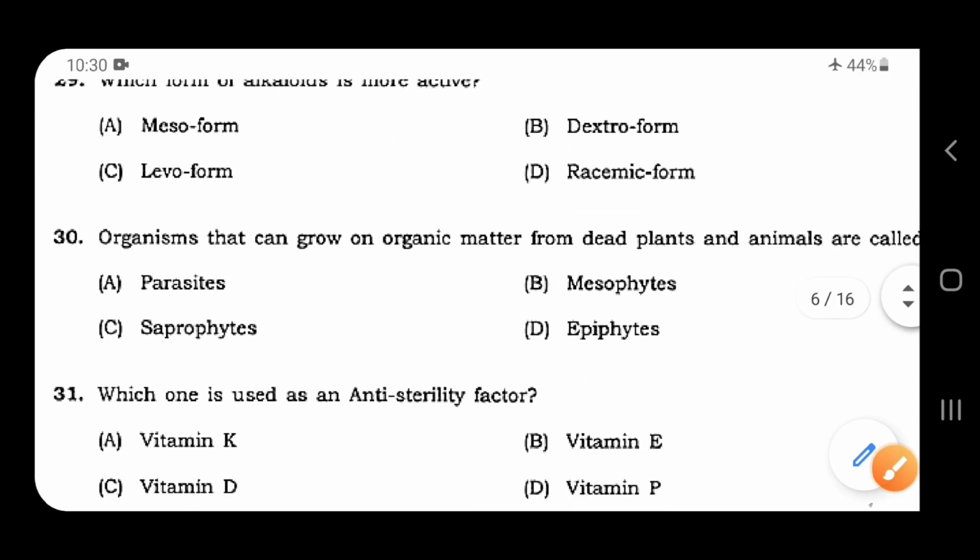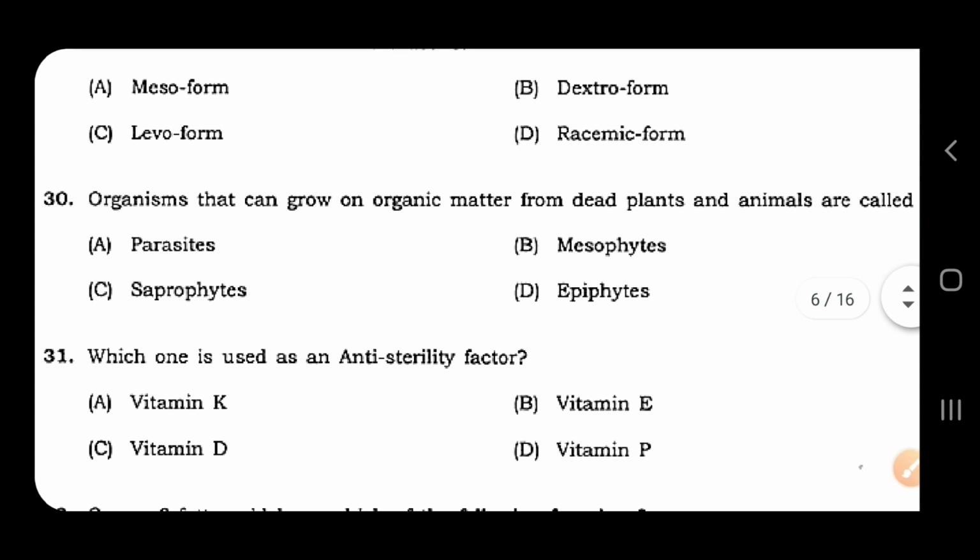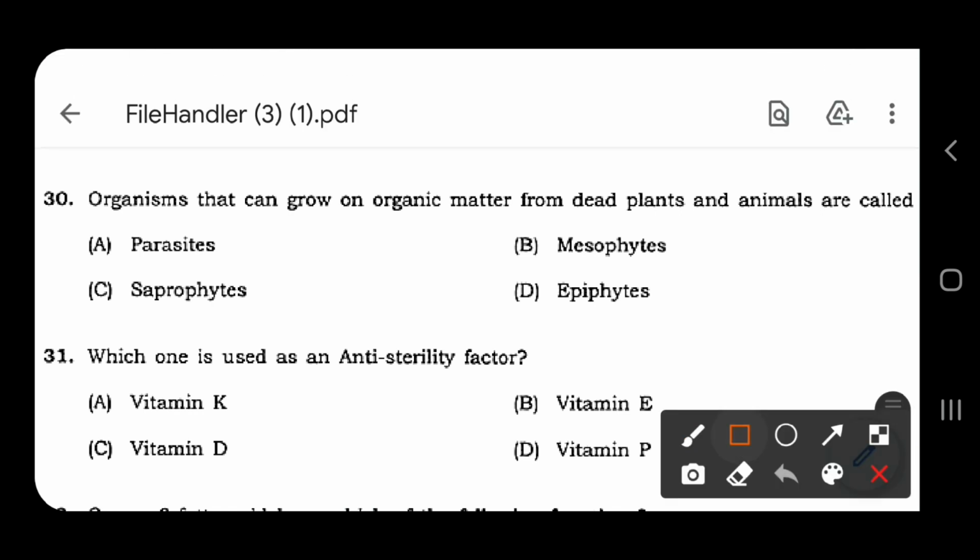Next question, that is question number 30. Organisms that can grow on organic matter from dead plants and animals are called: parasites, mesophytes, saprophytes, epiphytes. The correct answer is saprophytes.